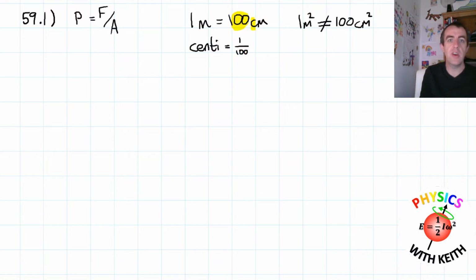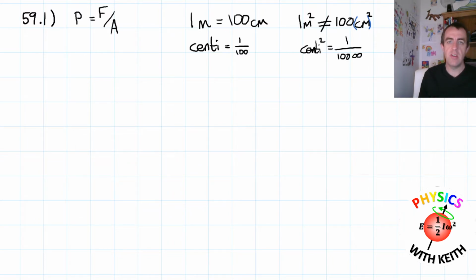So the usual unit conversion works here. The reason why it's a bit more tricky with areas and with volumes is because the centi part is also squared. And so you can see that 100th times 100th is 1/10,000th. Let's just write this down, centi squared equals 1/10,000th.